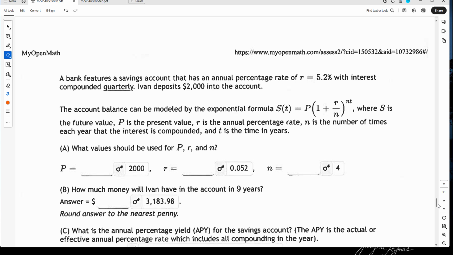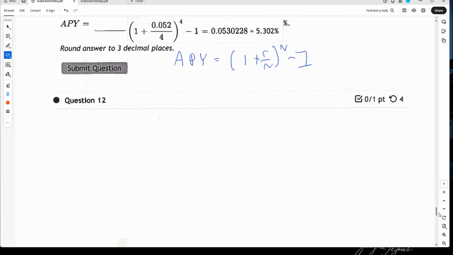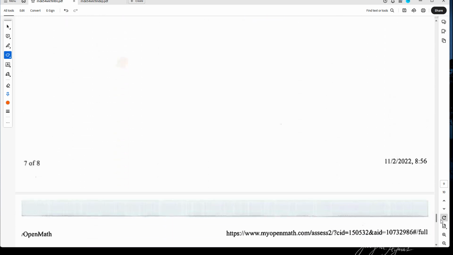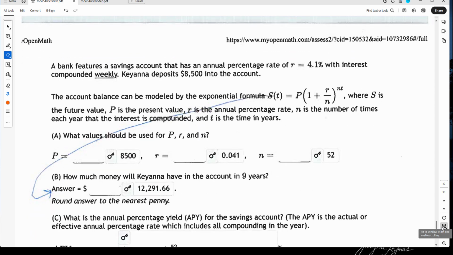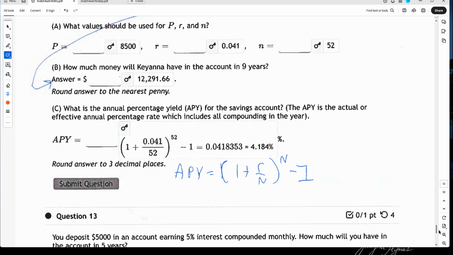Number 11. It's another one like it. Number 12. It's another one like it.